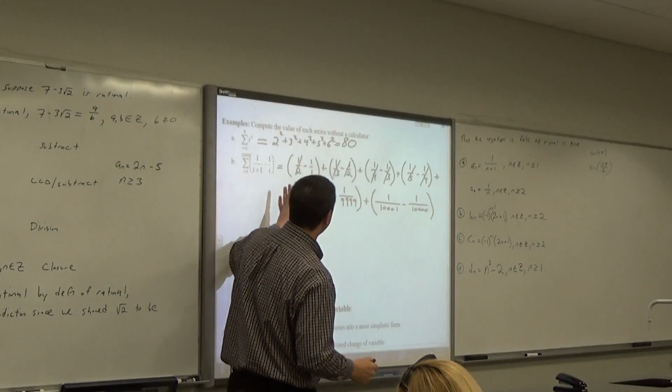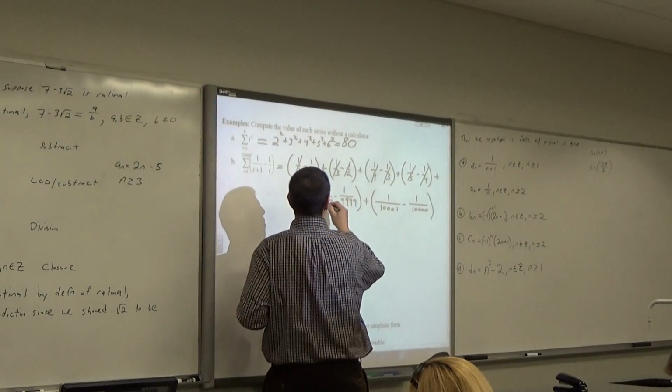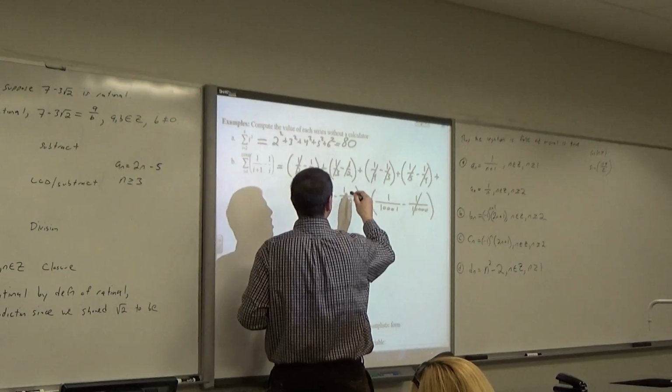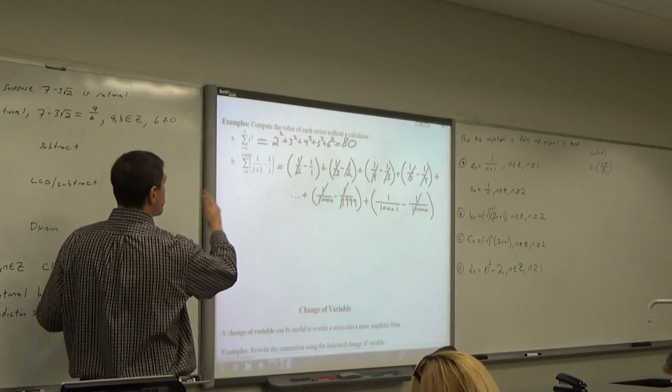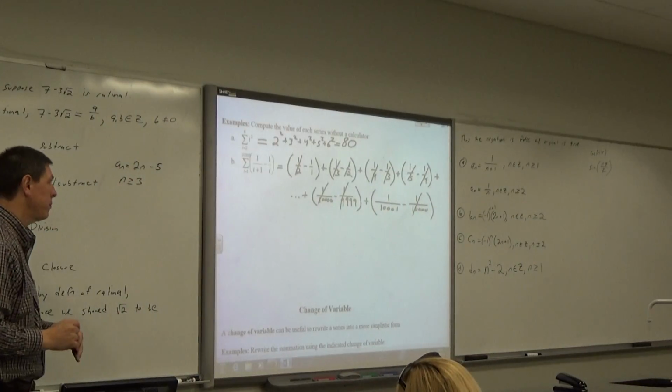In fact, doesn't the pattern continue at the very end? Because I have a positive 1 over 10,000 and a negative 1 over 10,000. This guy would cancel out too, wouldn't it? Because before that, in the previous term, there would be a positive 1 over 9999.